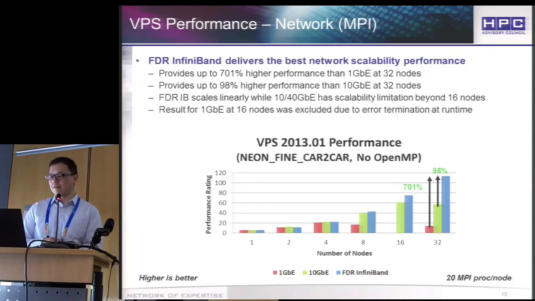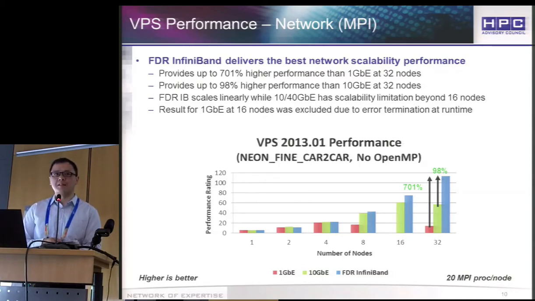However, the benefits of InfiniBand also involve lower latency, which benefits some of the HPC applications. With the low latency and high bandwidth, we can see the improvement is over 7 times compared to 1 gigE, and the Ethernet stack doesn't generally scale beyond 8 and 16 nodes. This is running with the option for no OpenMP.